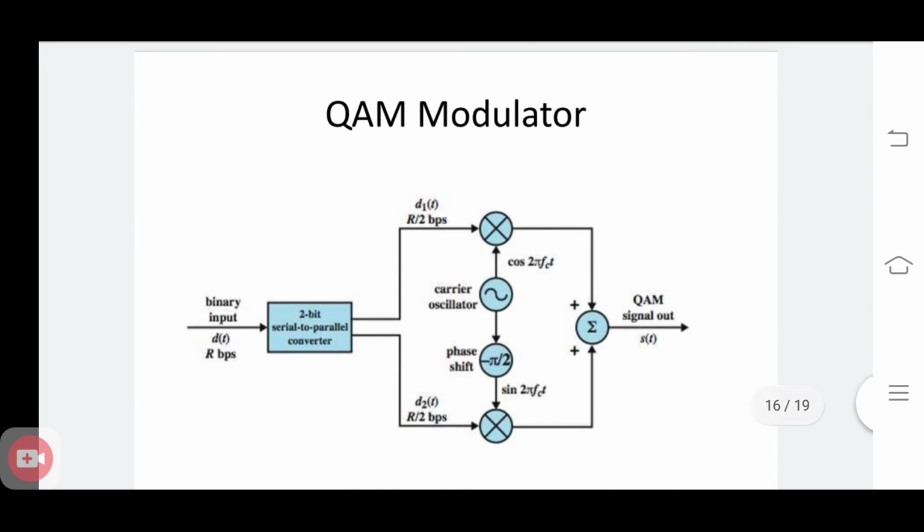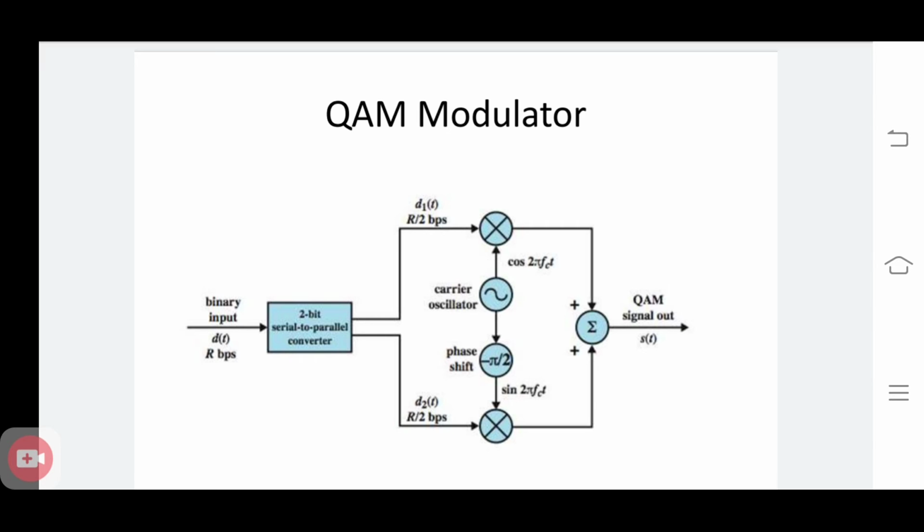Next, what do we mean by quadrature amplitude modulation or modulator, QAM? It is actually the same figure that we used previously. If we are using a QPSK mechanism and an OQPSK mechanism in a particular modulator, it is known as a QAM modulator. We give an input binary stream and divide it into two parts.